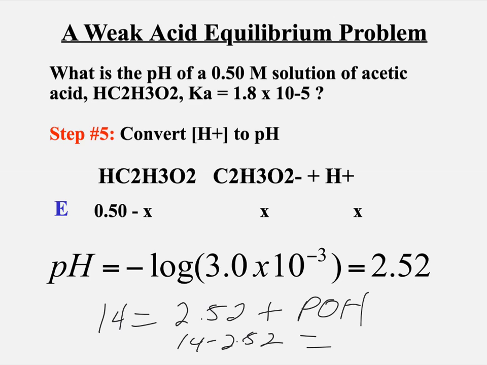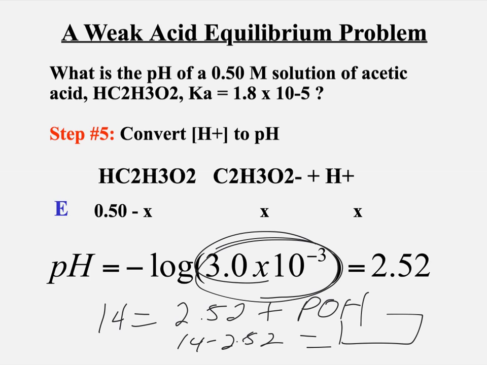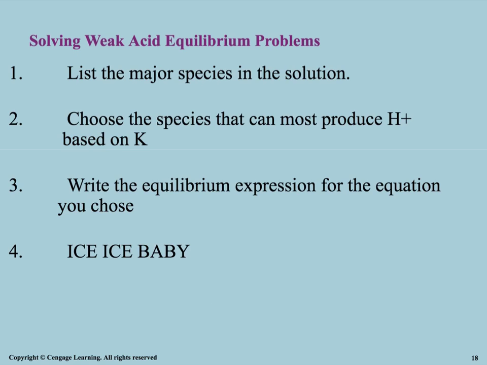Conversely, and I have seen people do them differently, you could divide 1.0 times 10 to the negative 14 divided by 3.0 times 10 to the negative 3. You'll get an answer, and then you can negative log that one, and it'll still come out to the same answer. Whatever that answer is.